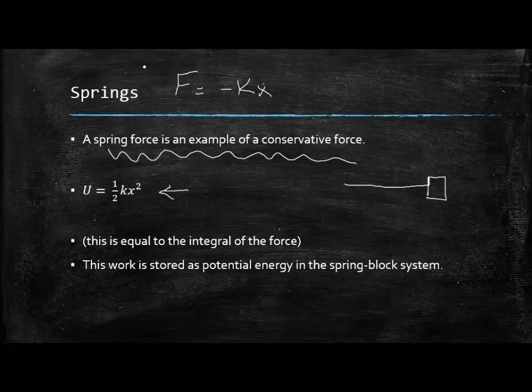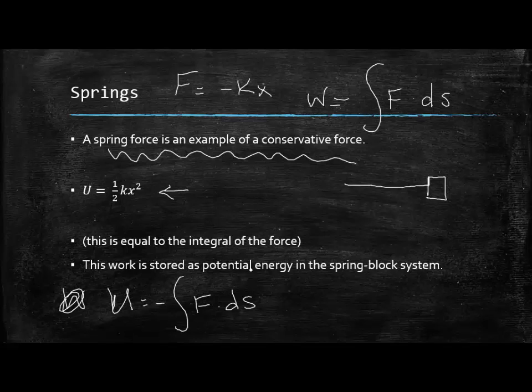And remember that the integral of F ds will give us our work, and that the negative integral of that will give us our potential. So if this is our function for our force, we can plug that in there, and we get the negative integral of negative kx with respect to dx.